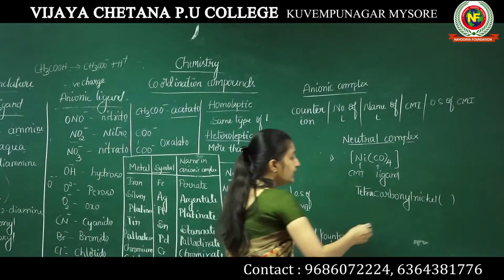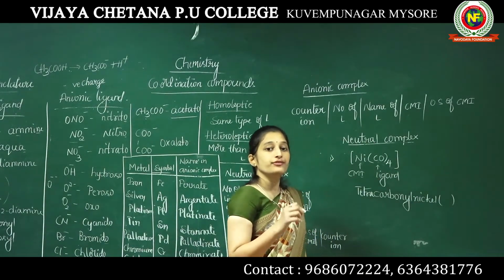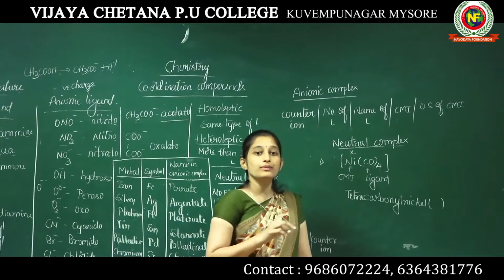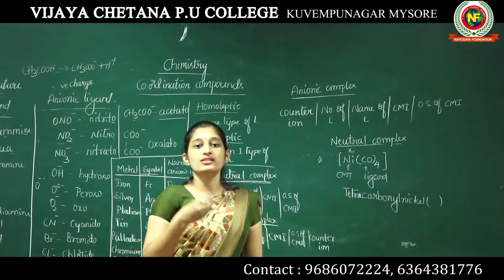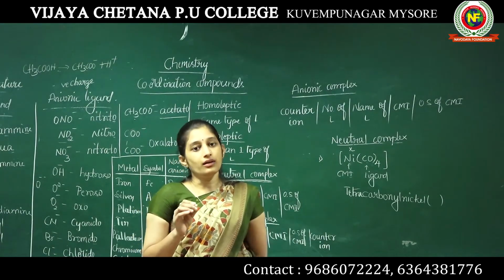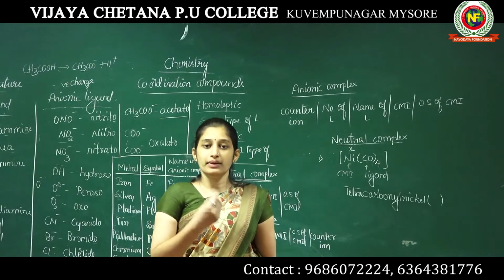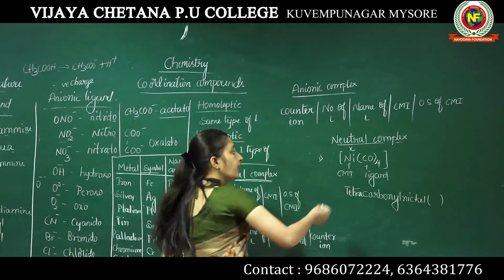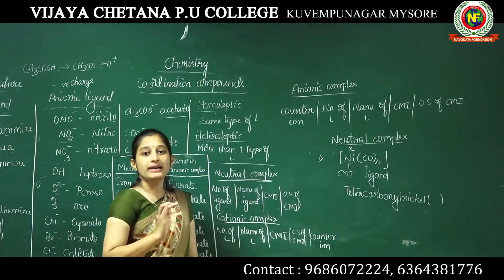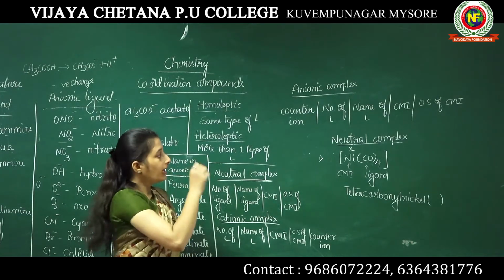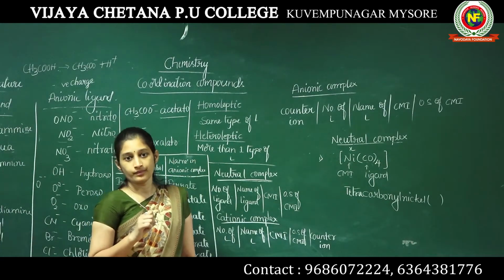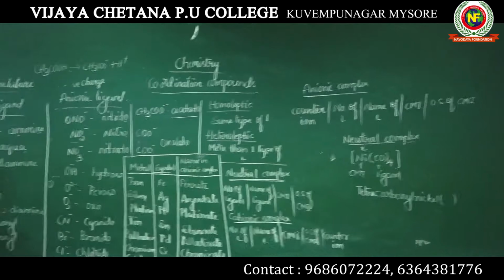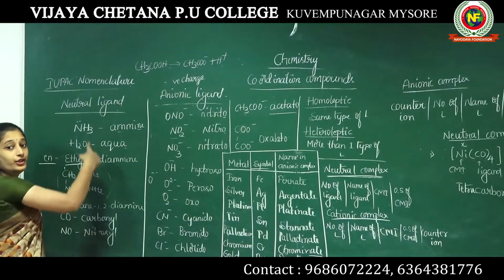So nickel. What is the oxidation state of nickel? How to calculate it? Oxidation state means what charge is there, positive or negative. The metal always carries a positive charge, but how much? Is it +1, +2, or +3? That is the oxidation state. Here I don't know; we cannot predict it just by looking. So I am going to represent it as X. This is a neutral complex.